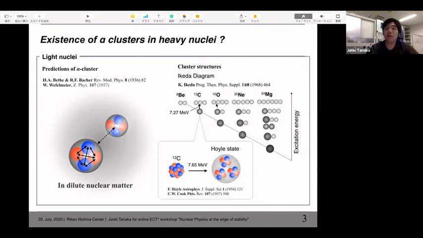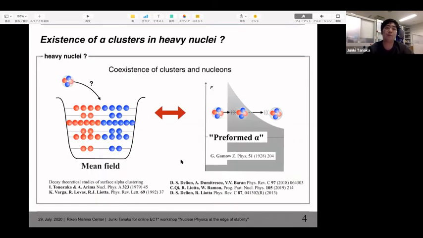For light nuclei, cluster structures are experimentally known to exist in their ground state, as well as in excited states, in particular for states at energies around the cluster emission threshold. On the other hand, in heavy nuclei, a consistent description of nucleons in the mean field and alpha clusters in one model is challenging.